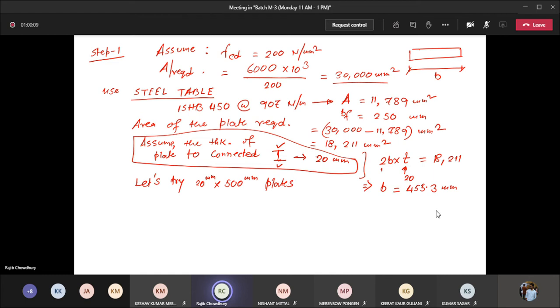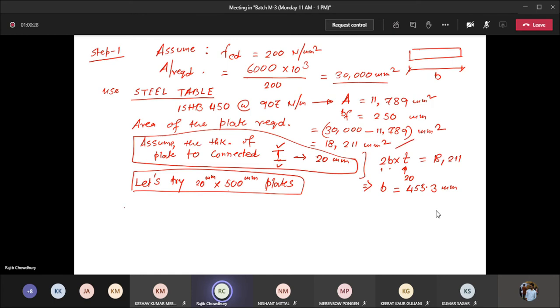Okay. Now what is the next thing? Next, because this plate is now calculated based on some assumption, this much thickness and this much area is to be accommodated.